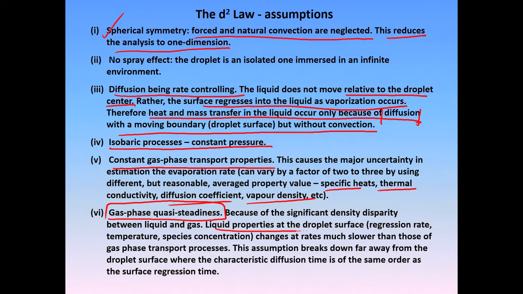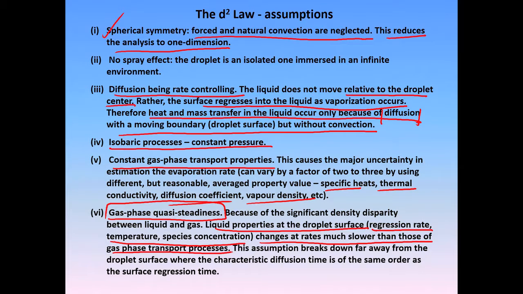Liquid properties at the droplet surface change at a rate much slower than the gas phase transport processes. This assumption breaks down far away from the droplet surface, as we will see. But the liquid properties at the droplet surface, that is the regression rate or shrinking of the droplet, the temperature and the species concentration if there is a multi-component mixture, change at a rate much lower than the gas phase transport processes.